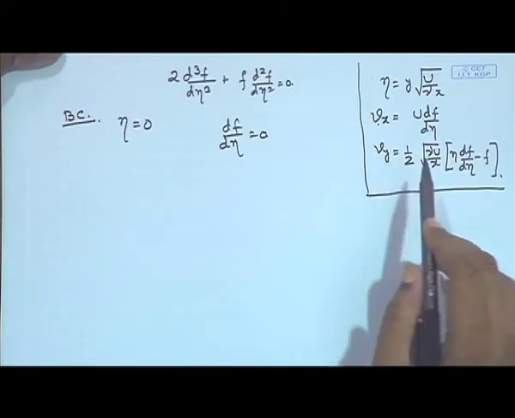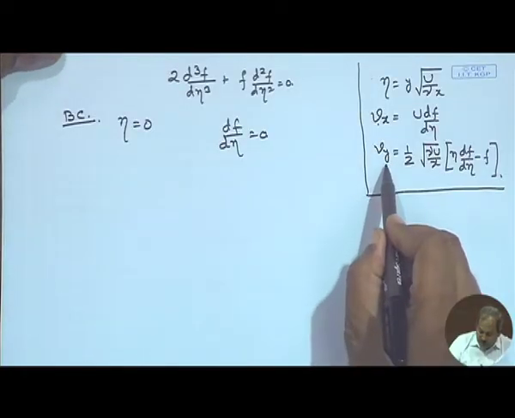From the expression of Vx, the necessary boundary condition is df d eta equal to 0. Now let's look at the expression of Vy to see what the no slip condition on Vy would give me, the value of either f, f prime or f double prime to be used as a boundary condition to solve this problem. So let's look at Vy.